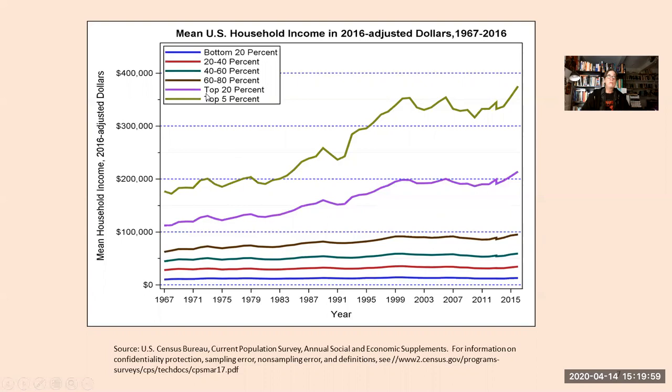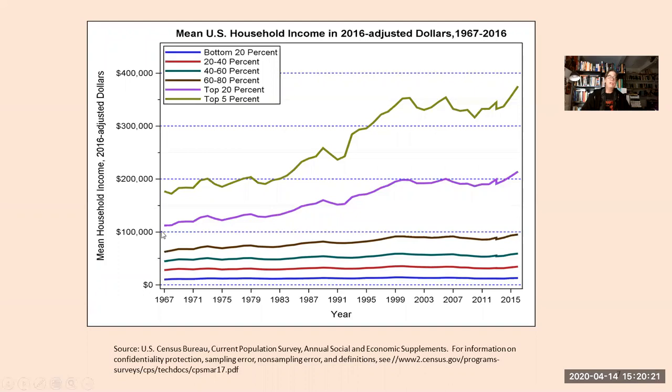Now look at the top 20% of households, and their income has gone from roughly 110,000. Again, this is adjusted in constant dollars because there was some serious inflation in the late 1970s and quite a bit in the 60s as well, the late 60s particularly.